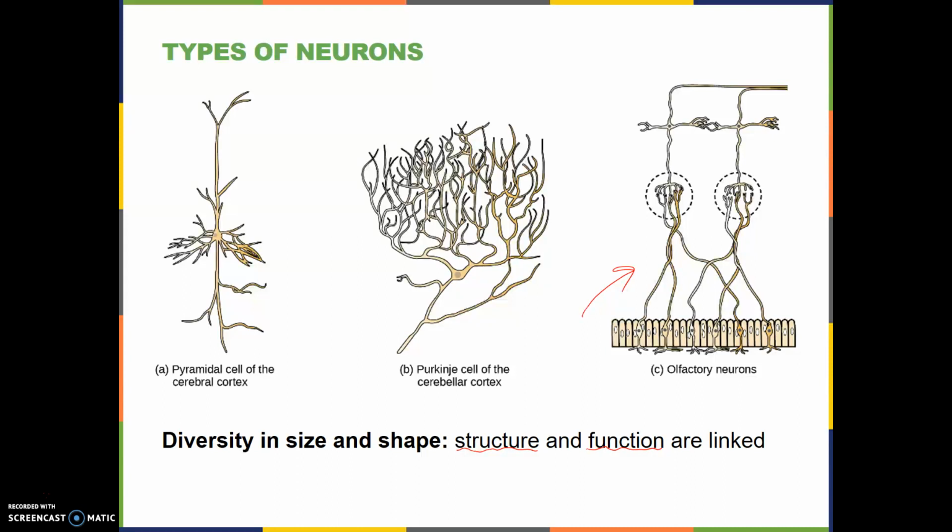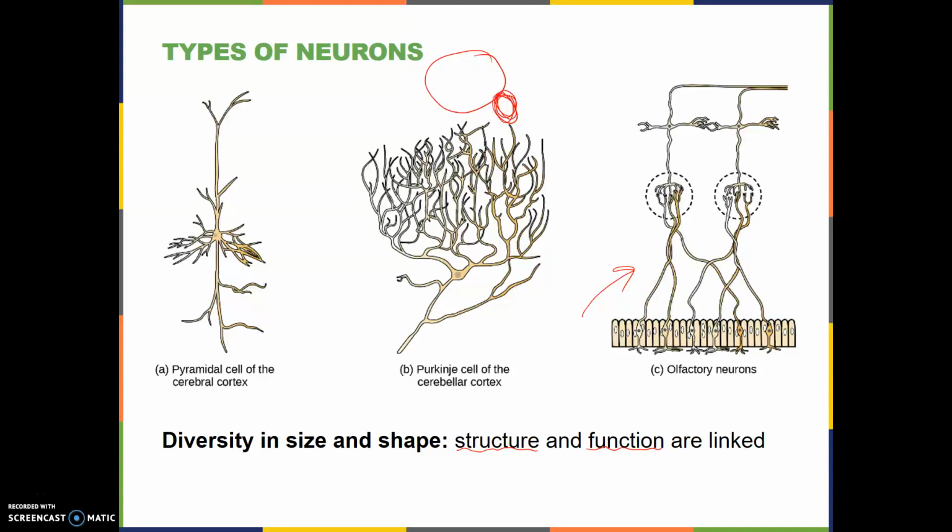Picture A is called a pyramidal cell of the cerebral cortex. The cerebral cortex is the outer layer of the cerebrum, which is the largest area of the brain. When we say our left and right brain, we're talking about the cerebrum. Then there's the Purkinje cell of the cerebellar cortex. If this is the cerebrum, the cerebellum is a part that's kind of here.